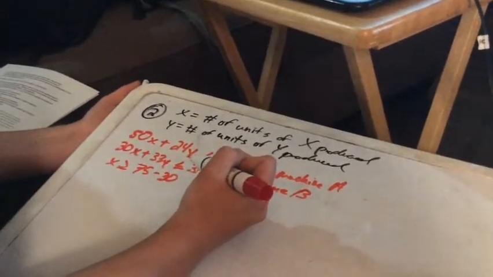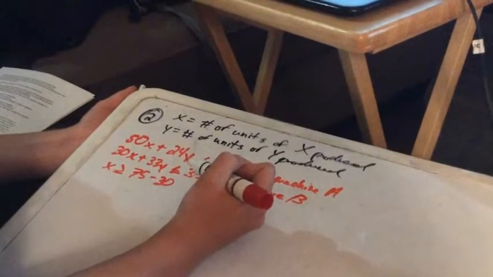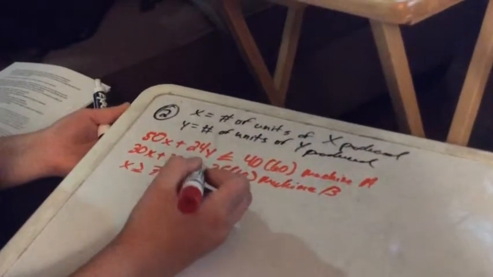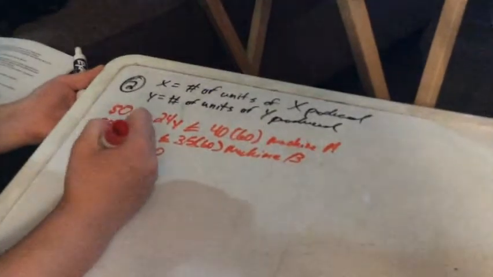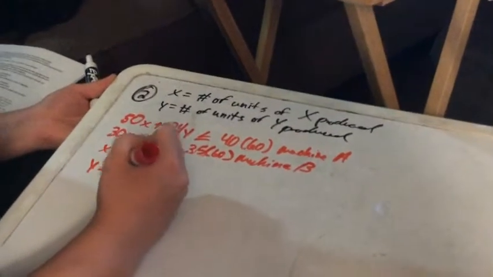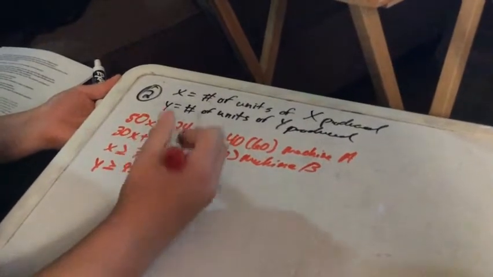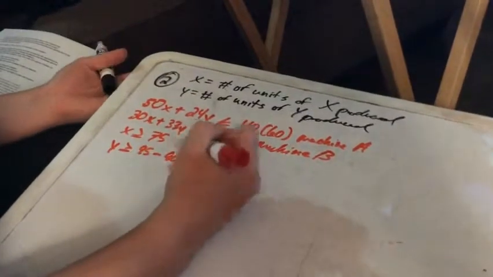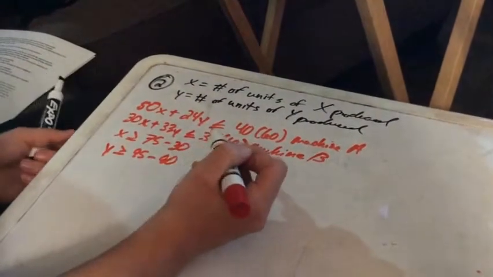So this makes sure that we are meeting the demand. And so now our units of Y produced has to be the demand, which is 95, minus your initial stock, which is 90. So also that we're meeting the demand.